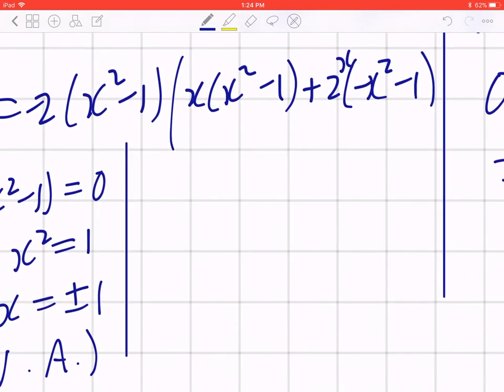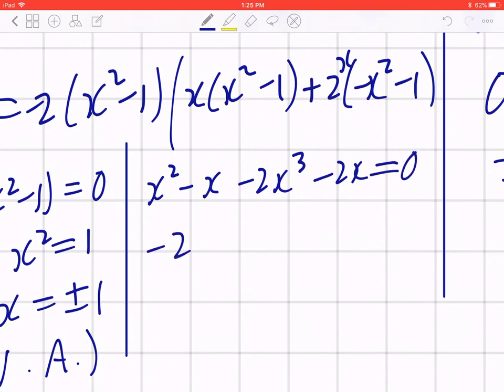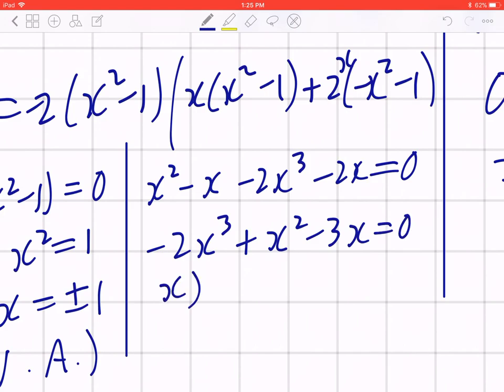And here, if you expand this, x squared minus x minus 2x cubed minus 2x equal to 0. This will give you negative 2x cubed plus x squared minus 3x. Now there is a common factor of x.